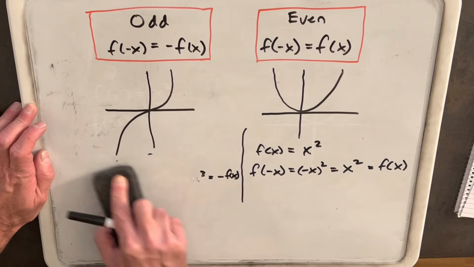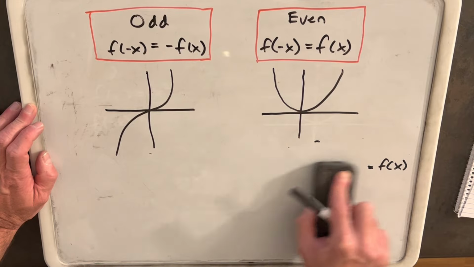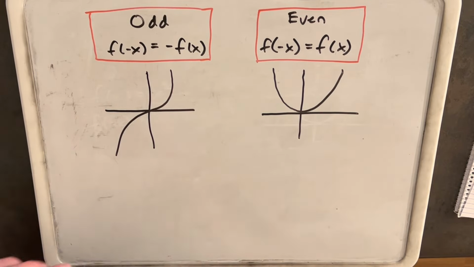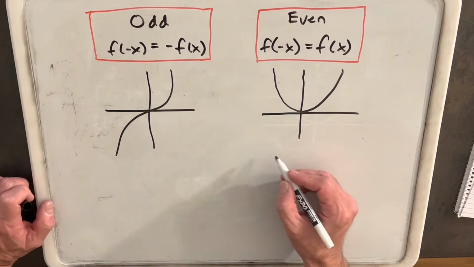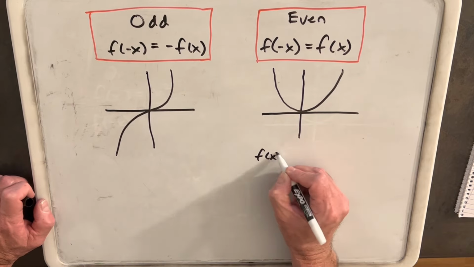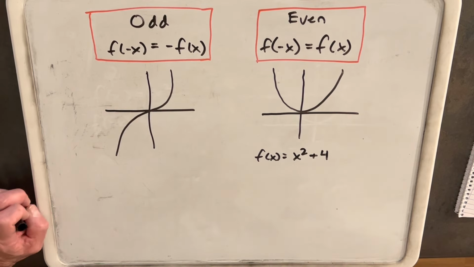Let's look at something we're going to build up to gradually, more complicated examples, to get a better understanding. For our next example, f of x equals x squared plus 4.